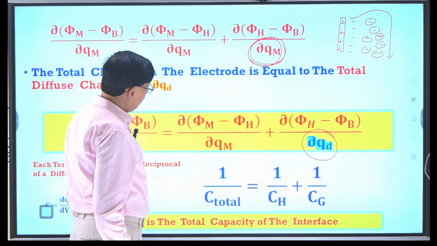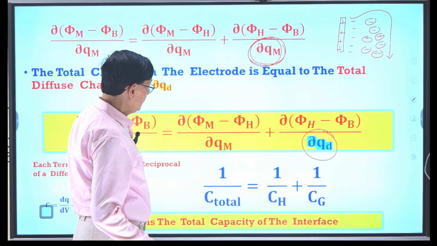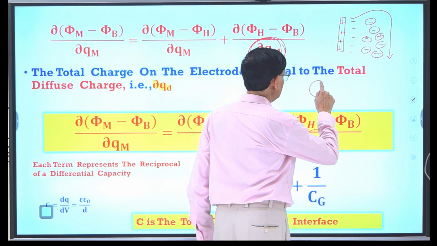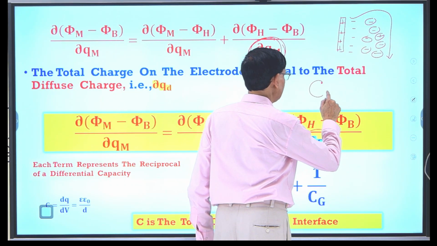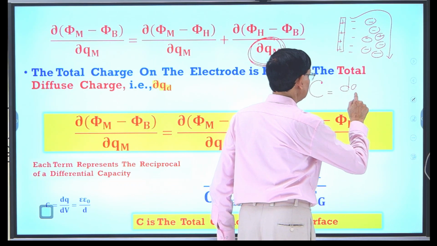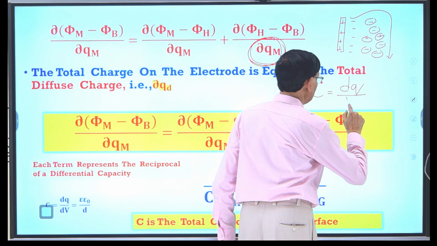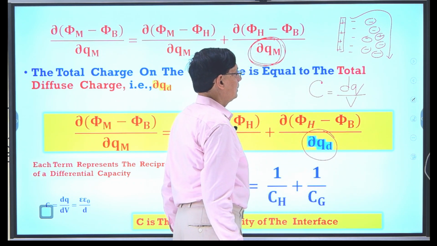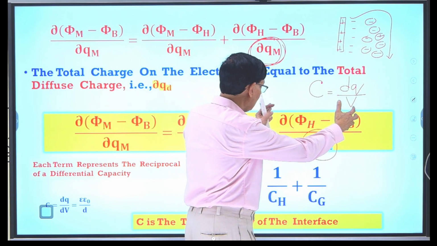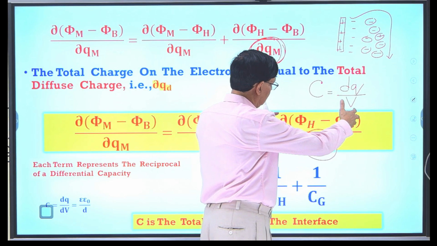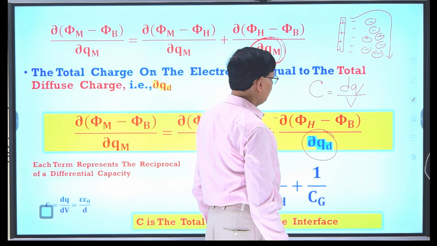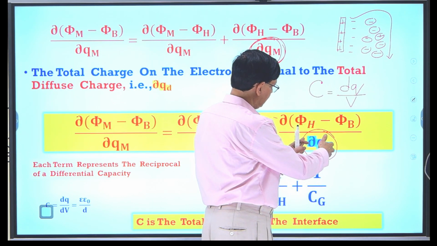So now you can ask me, you know that the capacitance C, generally what we calculate, is charge divided by potential. So it is the numerator, it is the denominator. Here it is also like that, the change in surface potential with respect to QD.